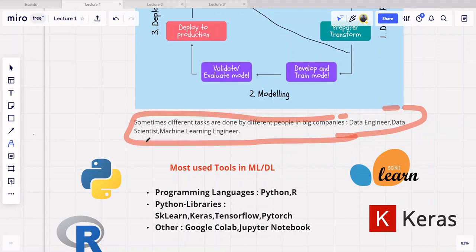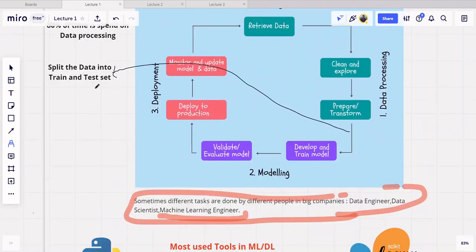Right. Now, when it comes to deploying the model in production, there is someone else called a machine learning engineer. A machine learning engineer is basically a mixture of software engineer plus data scientist, but the main work they do is deploy the trained model in the production environment.